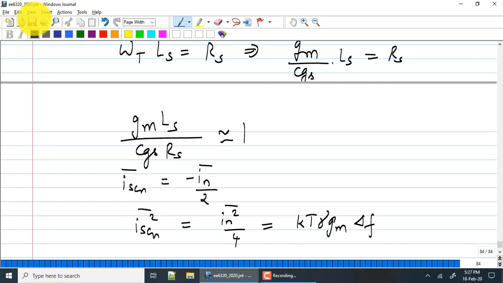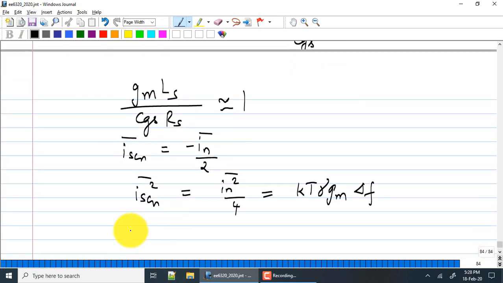What is the noise from RD? It is equal to 4 kT by RD delta F. This is the noise from the resistor.